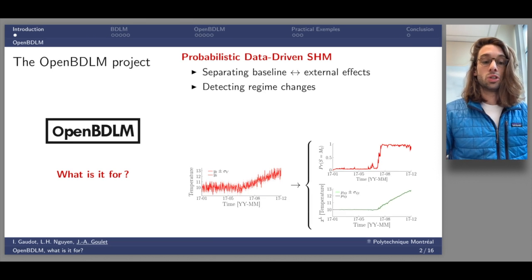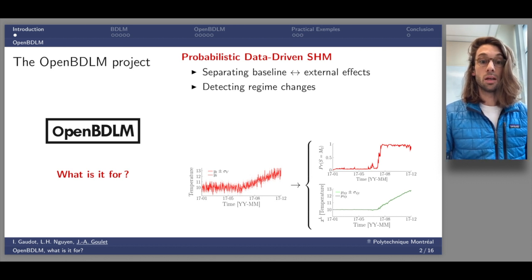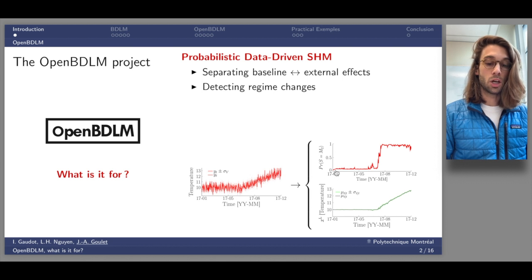The second goal is to detect regime changes, which are going to be an indication that there's an anomaly in a time series. As you can see here, we have a temperature time series. We have a first zero speed regime going to another constant speed regime here. And what BDLM allows us to do is detect a change in the probability of having our second model, the one with a constant speed, being the correct model.